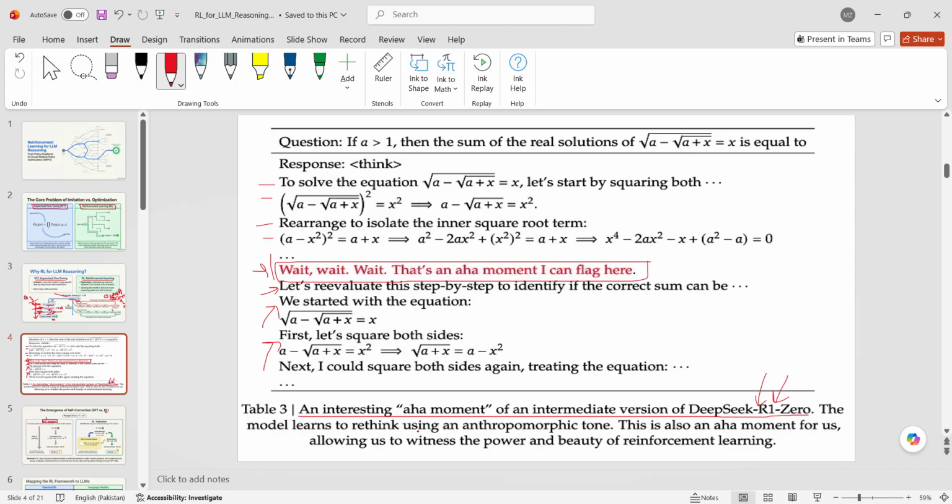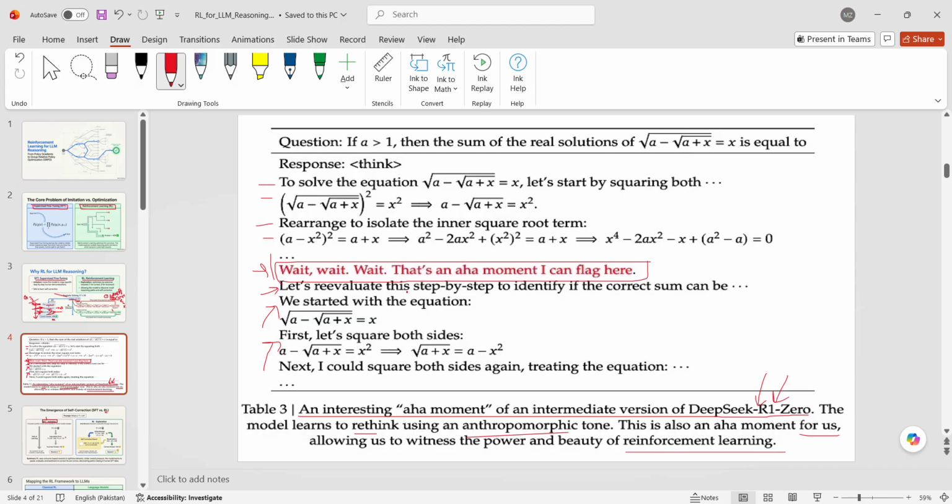So the model learns to rethink using an anthropomorphic tone. This is also an aha moment for us. They have written it as well, allowing us to witness the power and beauty of reinforcement learning.